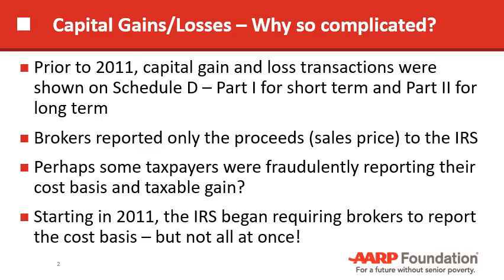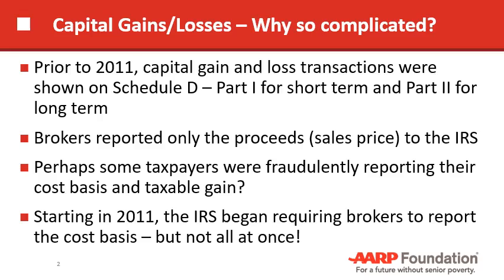So I guess somebody in Congress or the IRS didn't trust all the American taxpayers, because how do they know they were reporting the right cost basis if it wasn't reported to the IRS? And therefore, perhaps they were understating their gain or overstating their losses.